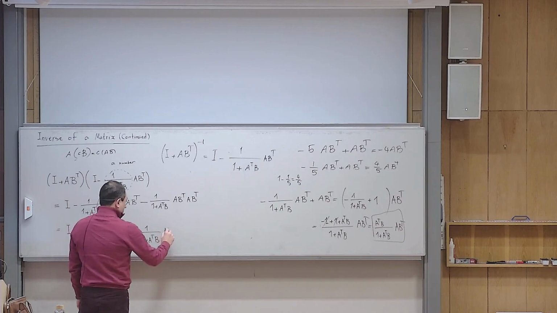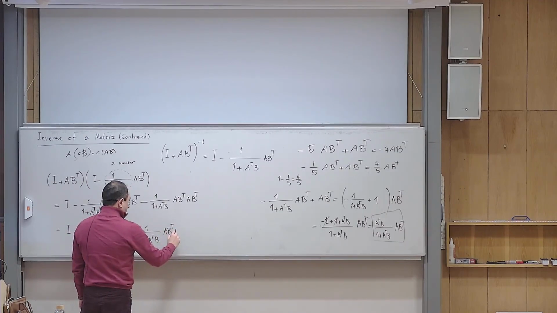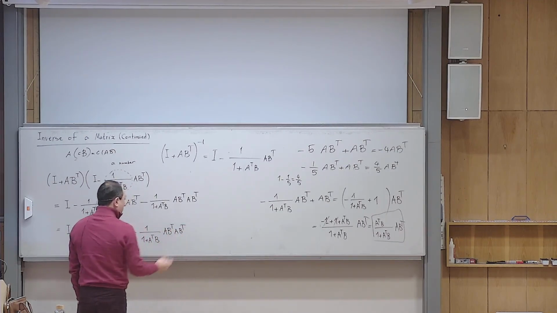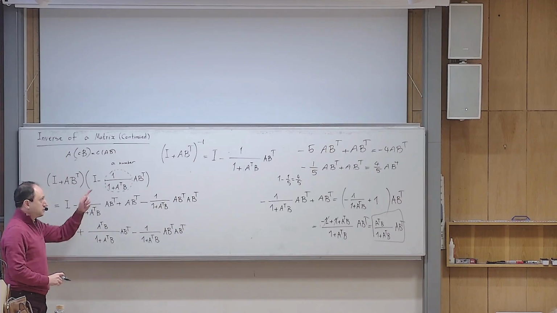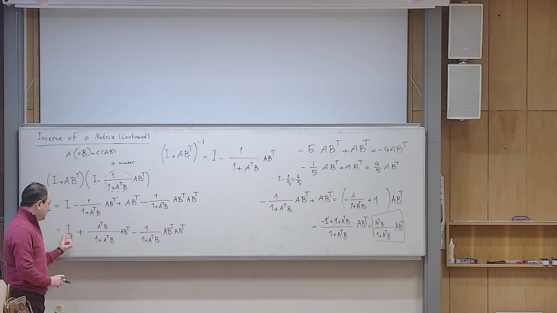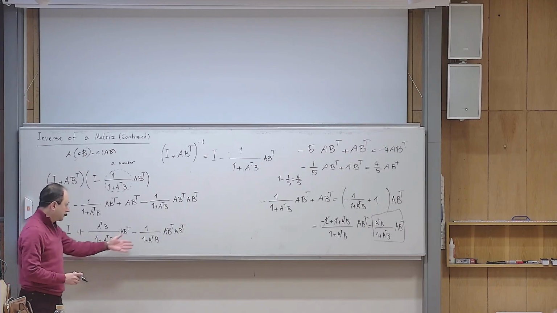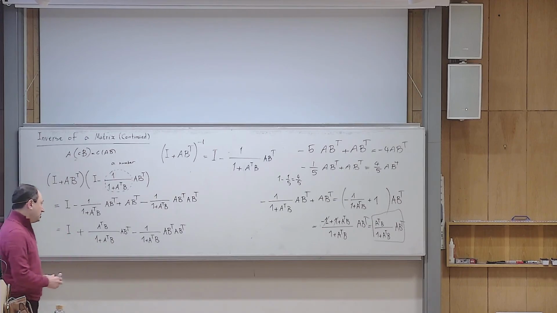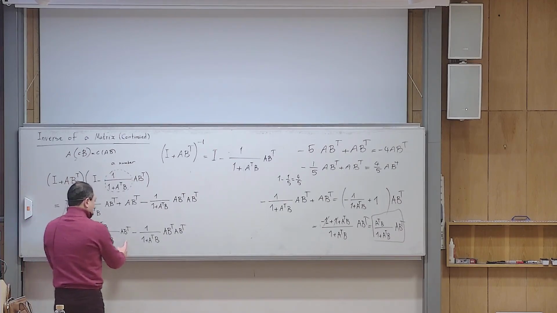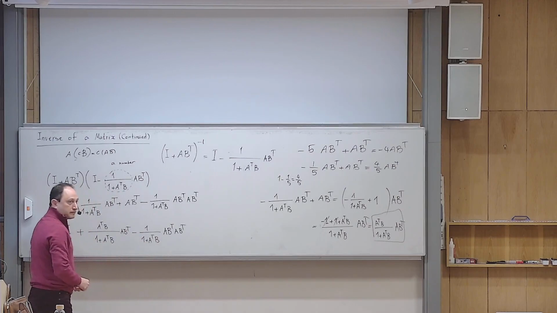Always you need to think about what you're supposed to reach at, yes? You haven't lost the goal, yes? The goal is to get rid of everything except I. Because if this problem is going to be correct, what I am going to get at the end is I. So it means that I should be able to get rid of all these combinations. Okay, so in principle, you need to ask yourself, is it really equal to that?